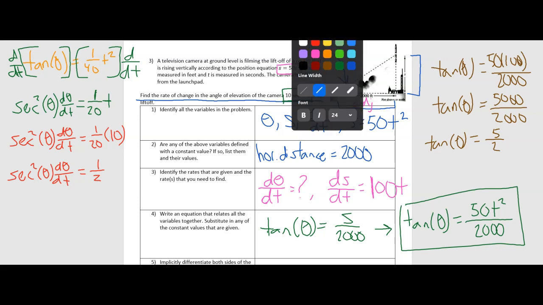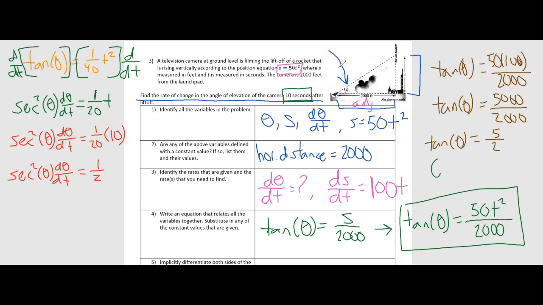Now I still have to solve for theta. What you can do is use inverse trig. So theta is equal to inverse tangent of 5 over 2. I'm going to round to 5 decimal places because at the end I want to round to 3, so I want to keep more digits in the middle of my problem. This gives me approximately 1.19029. That's the value I'm going to take for theta.